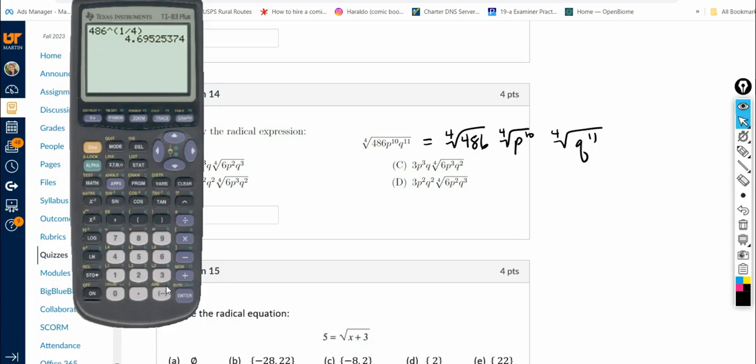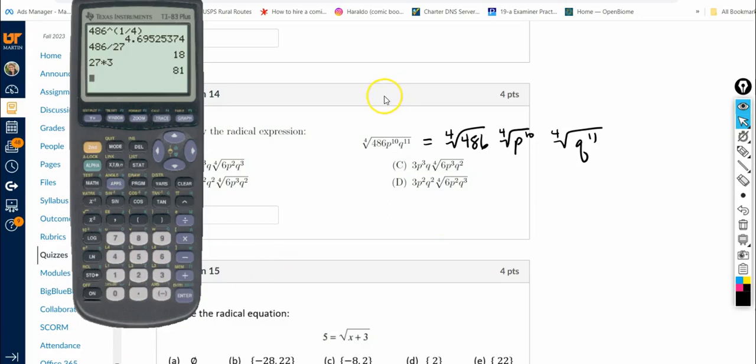Can I multiply it by something? 486, let me divide that by, let's see if it'll divide by 27. Yes, okay. That's not a fourth root. 27 times 3.